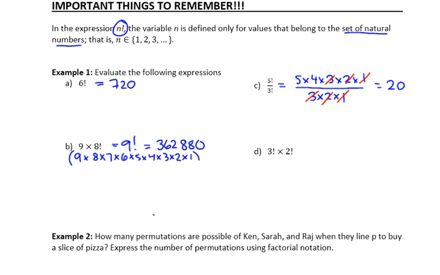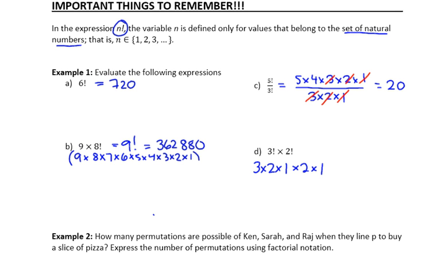Okay? All right, 3 factorial times 2 factorial. Well, 3 factorial is 3 times 2 times 1. And 2 factorial is what? A waste of energy. Why is 2 factorial a waste of energy? Because what is 2 factorial? 2 times 1. It's just 2. We could have just written 2.